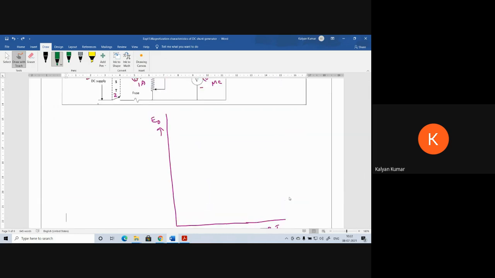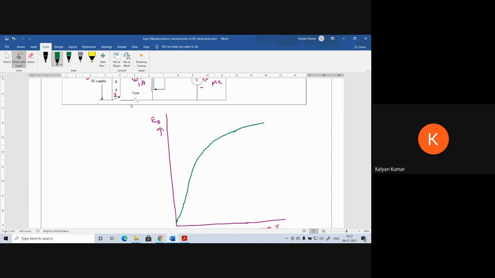So it won't start from the origin, it starts somewhat above the origin. We are going to get the open circuit characteristics somewhat like this.